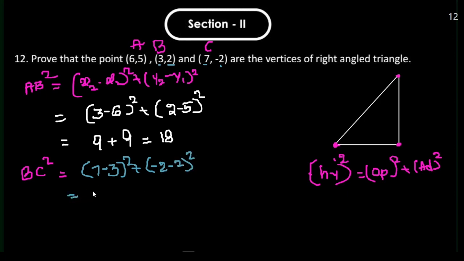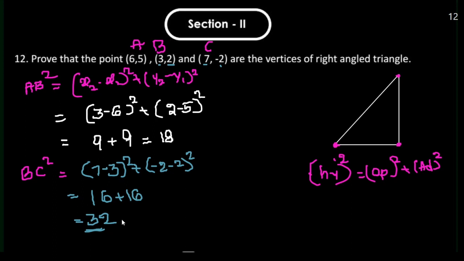Simply 7 minus 3 is nothing but 4 square, and minus 4 whole square is nothing but 16, plus 16, that is equal to 32.